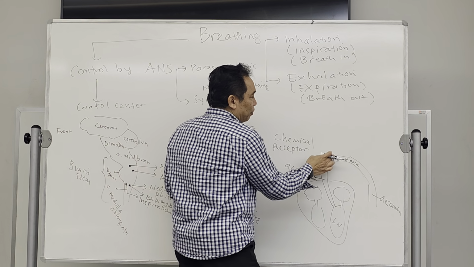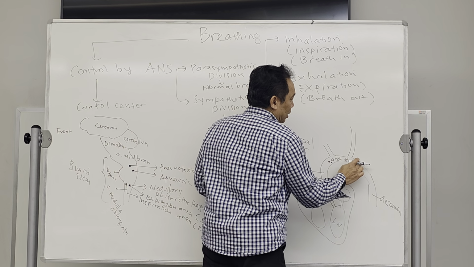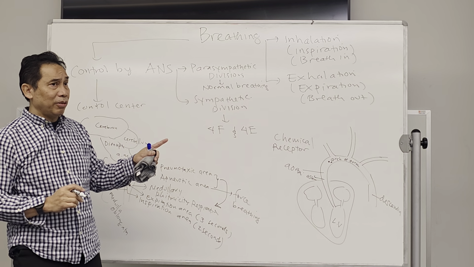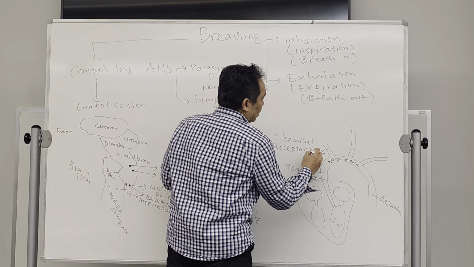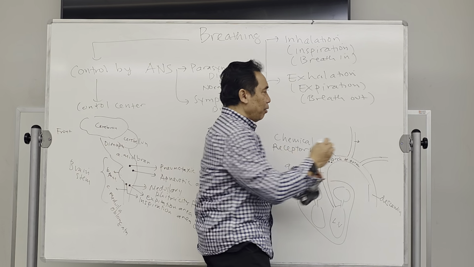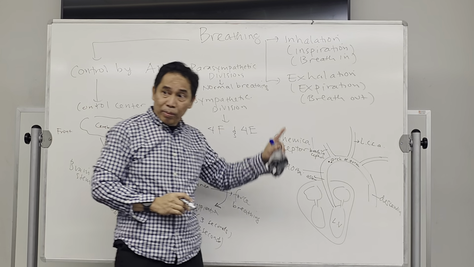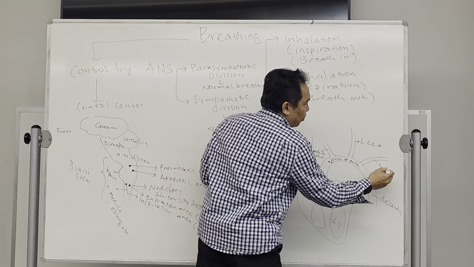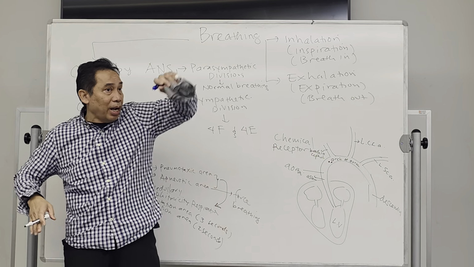Also, from the arch of the aorta, if you still remember, there are 3 arteries that will be branching from this arch of the aorta. On the right side, okay, you have the brachiocephalic. On the left side, we have the left common carotid artery, the one that carries blood to the left brain, and we have the left subclavian artery, the one that carries blood to our left arm.